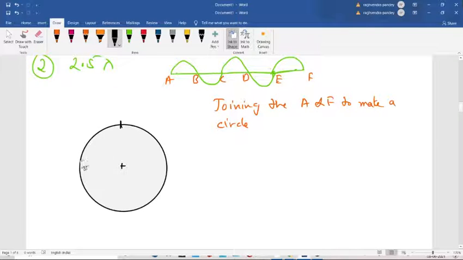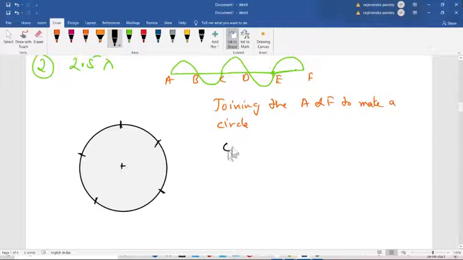So I'm making 5 equal parts on the circumference. The circumference is 2.5 lambda.